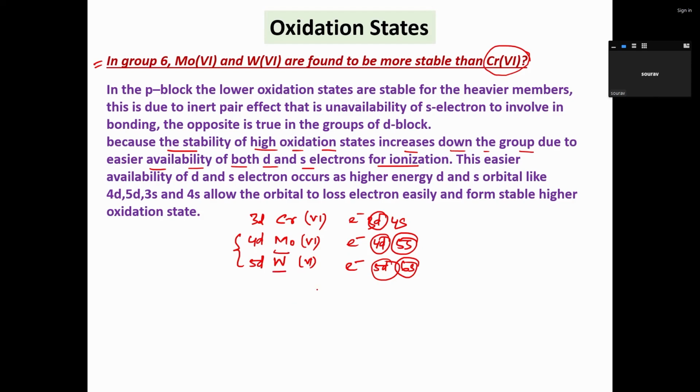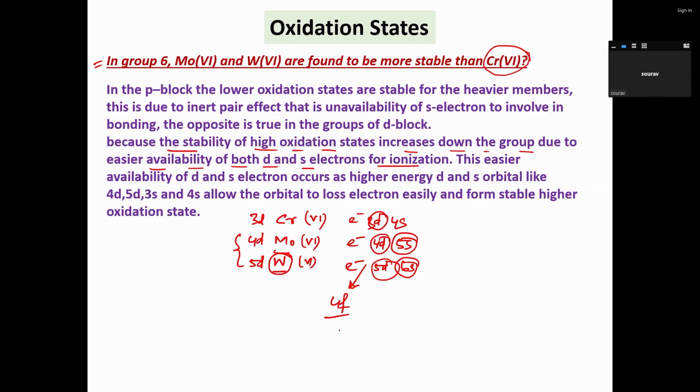These are actually very easy to remove from the 4d and the 5d orbital. Suppose for tungsten, the 4f orbitals are present, so another effect, the inert pair effect, is present here.